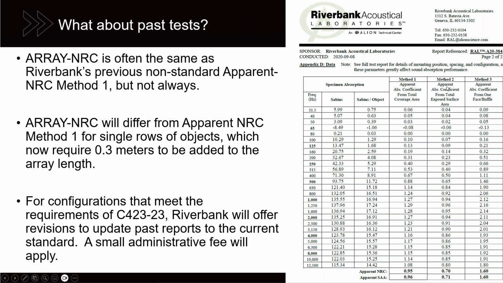I think this might be useful. More work needs to be done, but this might be useful for engineering purposes, like trying to predict what the Sabins per object might be on different size objects. This might be helpful in that way, but honestly, I don't know of anywhere where method 3 actually is helpful, other than that it gives a very high number.